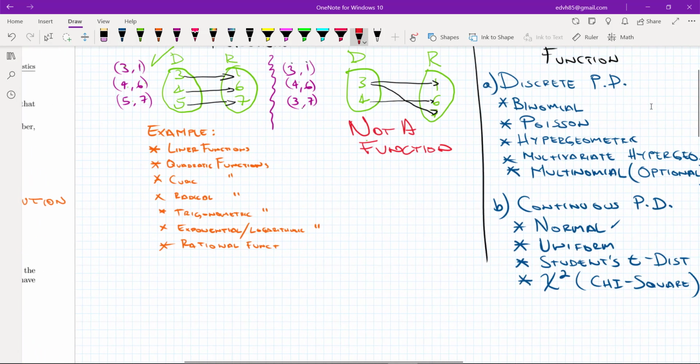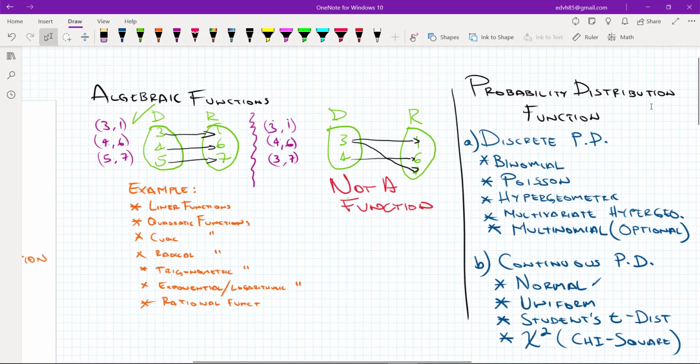And going back to the functions, depending on what classes you have taken, whether college algebra, trigonometry, or pre-calculus, you may have seen many kinds of functions, such as linear functions, quadratic functions, cubic, radical functions, trigonometric, exponential and logarithmic, rational functions.